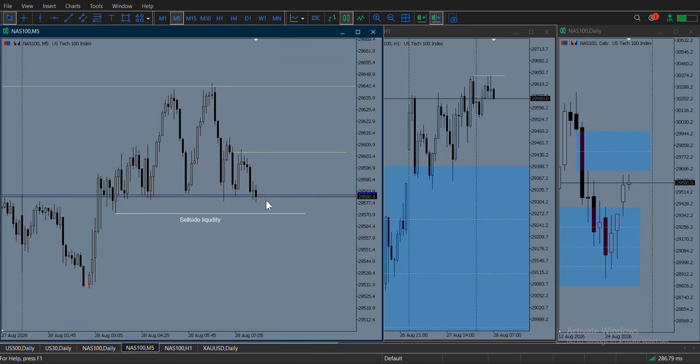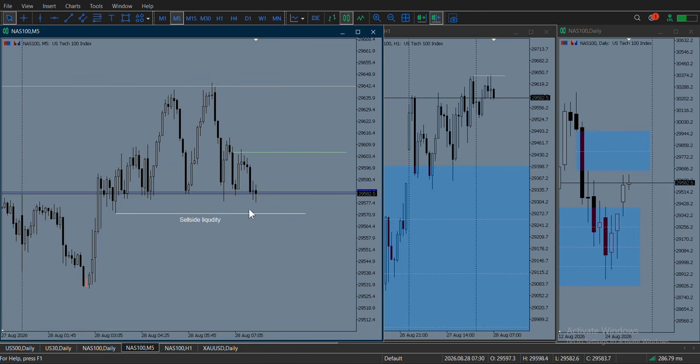So my eye has gone to this low here, and I'm expecting price to draw down into that sell side. If it doesn't, or rather if it does, I'll be expecting price to start having a reaction off of these lows here. These are too smooth.